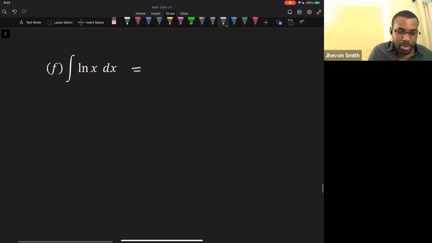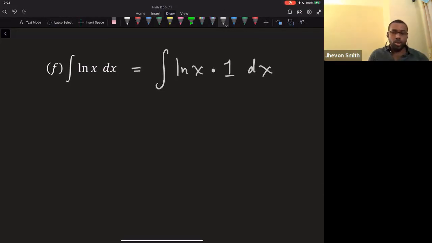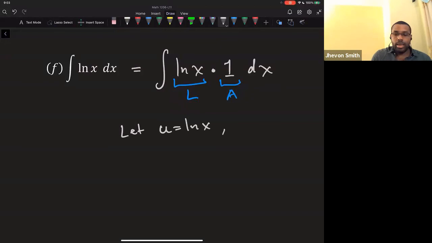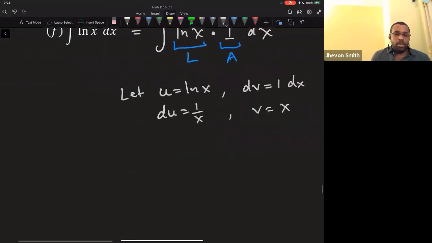It turns out that I can think about this as ln of x times 1. So I can think of this as an algebraic, this as an L, a logarithm. So let u be the ln, and let dv be 1 dx. Your du is going to be 1 over x, and your v is going to be x.